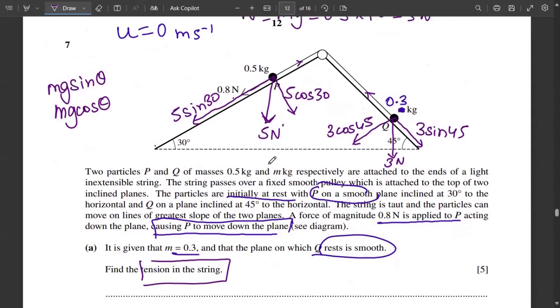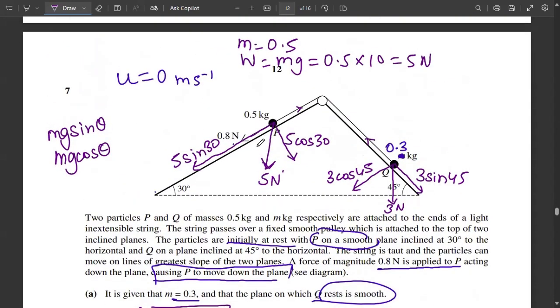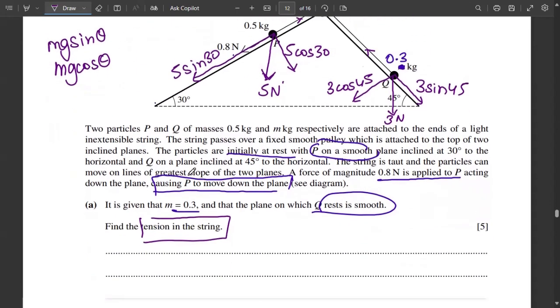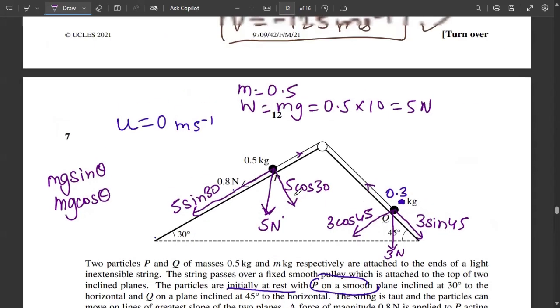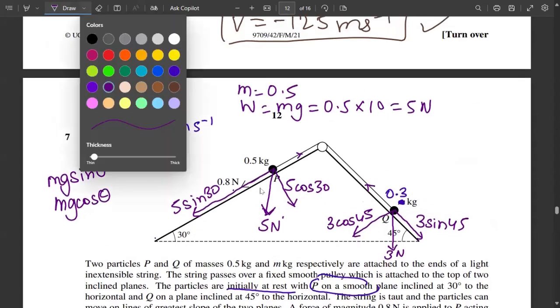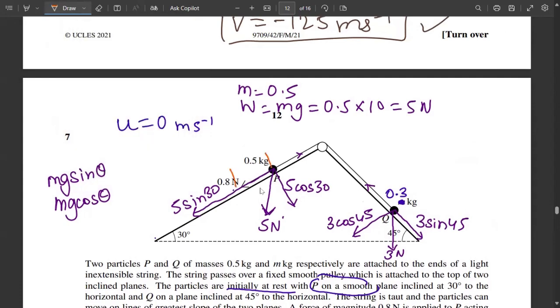Find the tension in the string. Now, do we have all the forces right here? Yes. Do we know the acceleration or anything? Not at this time. But one thing I need to mention here is if P moves 0.3 meter down, I'm just giving an example, then Q will also move exactly 0.3 meter up.